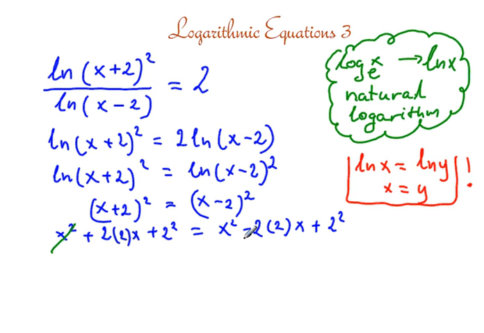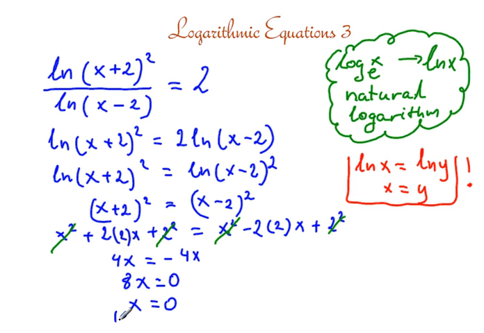Like terms, identical on opposite sides, cancel each other out. So x squared is gone, 4 is gone. What we have left is 4x equal to negative 4x. Bring over to one side both terms, so you have 4x plus 4x, so 8x is equal to 0, which means that x must be 0.